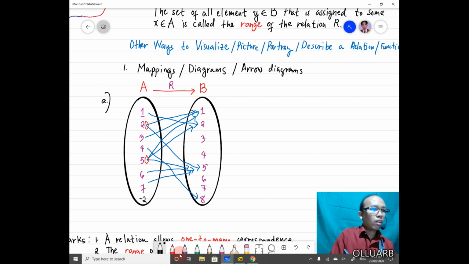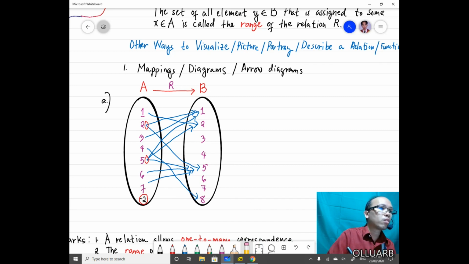If this object here doesn't have a partner in the codomain, then this illustration is not a relation. It is not a function also, if there is an object here that does not have a mapping. So I hope you put that into your mind. It is not a relation, and it is not also a function.